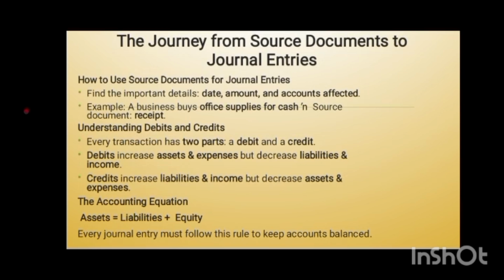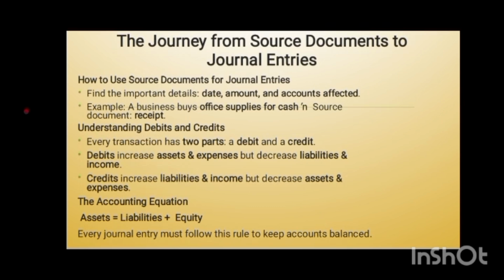Liability is what the business has to pay to others, that can be credit purchases or the loans that the business has taken. Equity is the capital that the owner has invested in the business. It can be in the form of cash, land, or another form of asset.